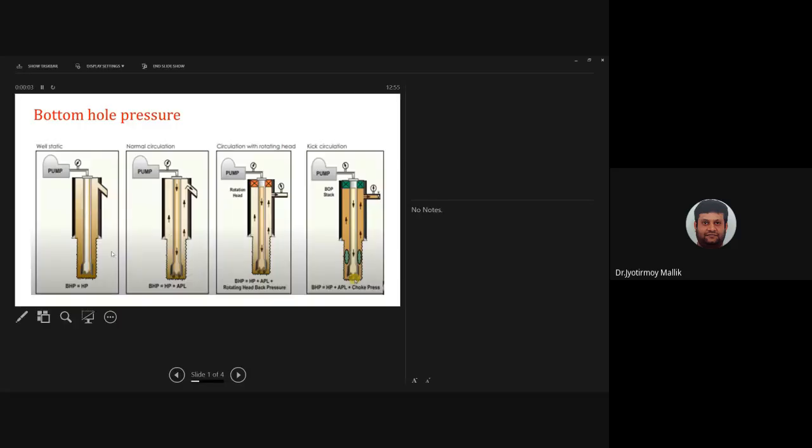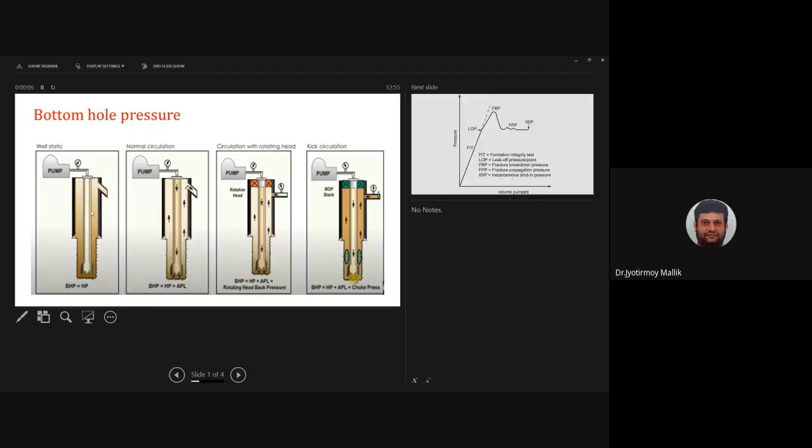Now you can see here, what is being shown is essentially the configuration of a well at different conditions. What you can see here is the bottom hole. You can identify this is my casing.